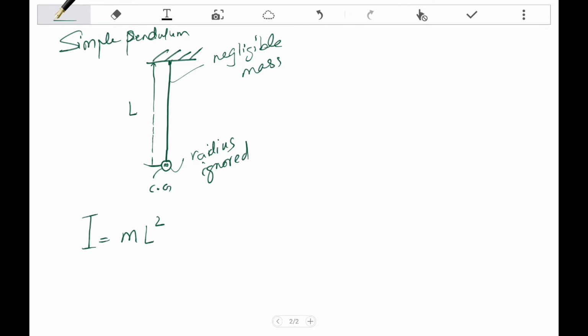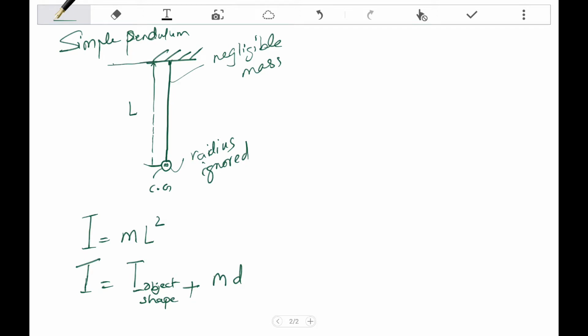So what the parallel axis theorem says is you add the moment of inertia of the object or the shape that you have, plus the mass times the distance squared.